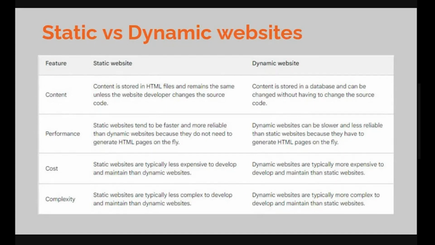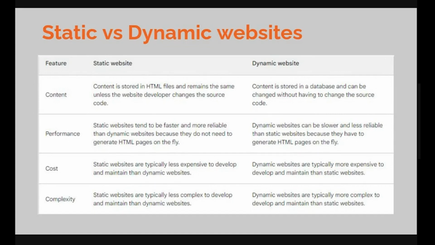However, with dynamic websites, like examples such as Jumia, it can be slower and less reliable than static websites because they have to generate HTML web pages on the fly. When I'm interacting with the Jumia website, every time I scroll, a particular image has to load.